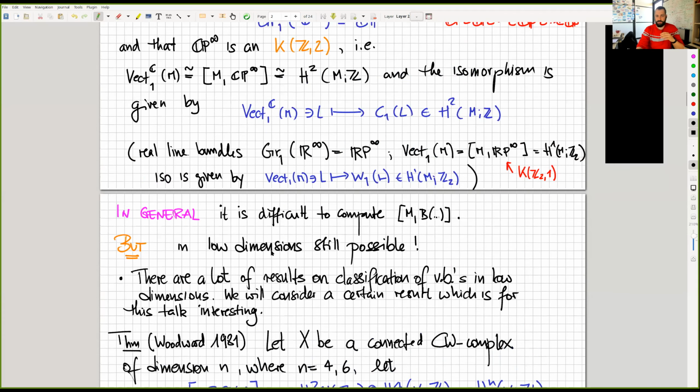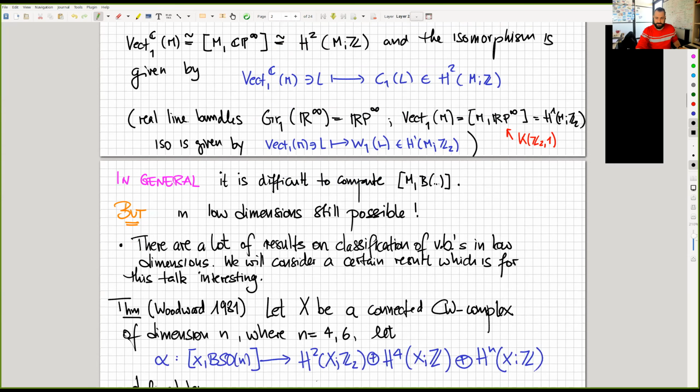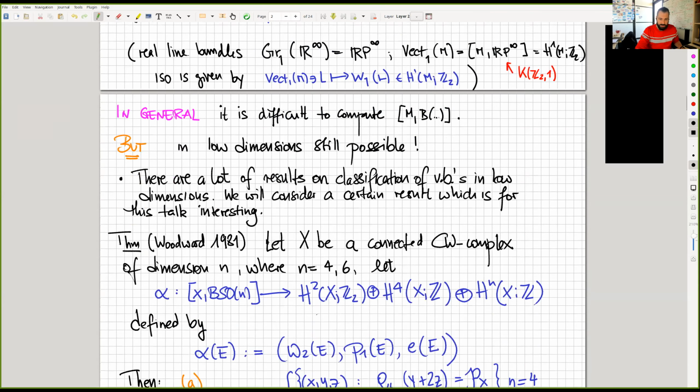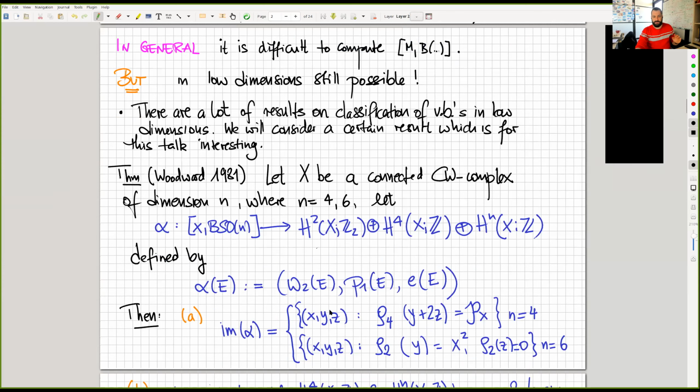And there are lots of variants in low dimensions with certain cases. I don't want to show you all of them, but I want to show you one of them, which is important for this talk. And this is a theorem of Woodward. So then here will come maybe a lot of stuff a lot of people don't know, but it's not important. I tell you what is important about this theorem.